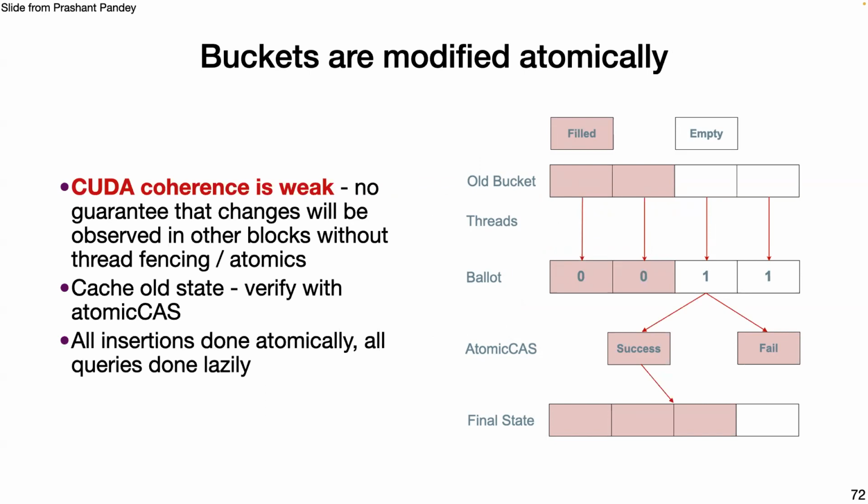There's no guarantee that the other threads will see the changes unless you use memory fences, thread fences, or atomics. So in the bucket, every element gets one thread, and you try to use a CAS to insert the element. All the insertions are done atomically, and all the queries are done lazily.